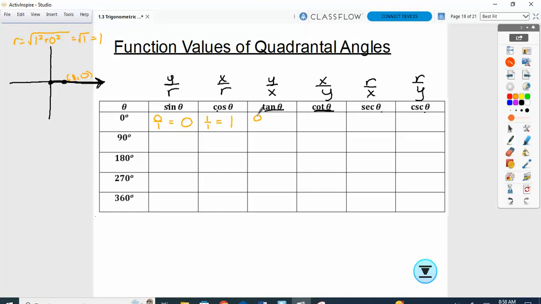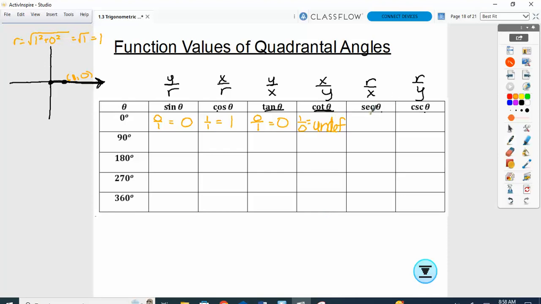So that would be 0 divided by 1, which is 0. Cotangent, x over y. What happens if you do 1 over 0? Can we divide by 0? No. So we write undefined. You're used to saying no solution, which is kind of the same thing, but in trig they usually say the word undefined when these trig functions don't work.